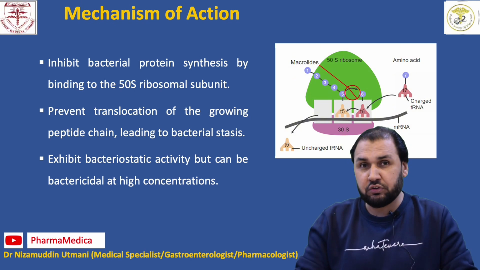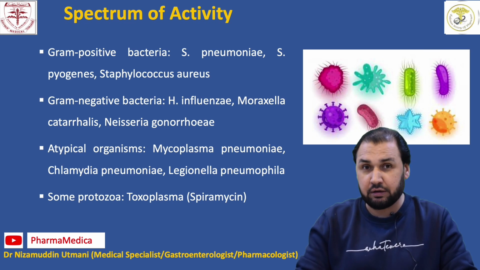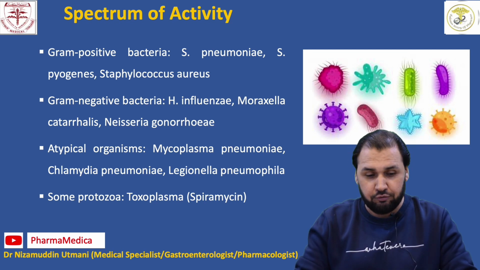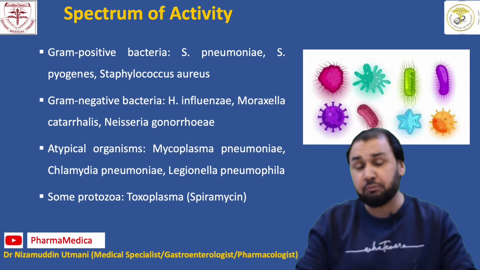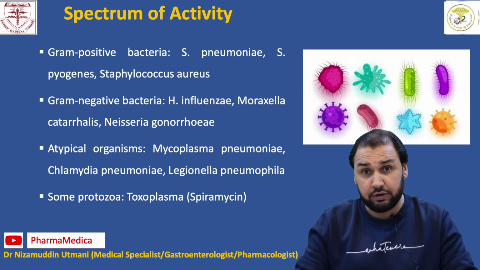Now coming to the spectrum of activity, they cover a lot of gram-positive microorganisms like Streptococcus pneumoniae, Streptococcus pyogenes, and Staphylococcus aureus. They also stop a number of gram-negative bacteria like H. influenzae, Moraxella, and Neisseria gonorrhoeae, and some atypical microorganisms.